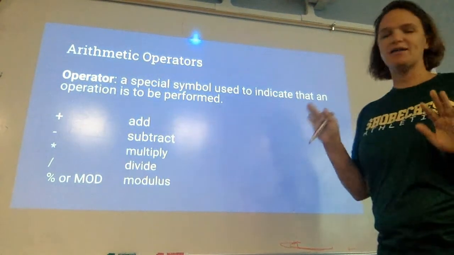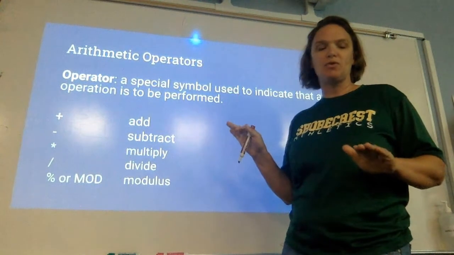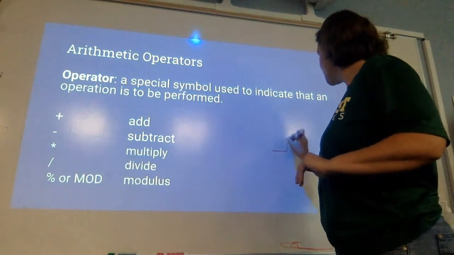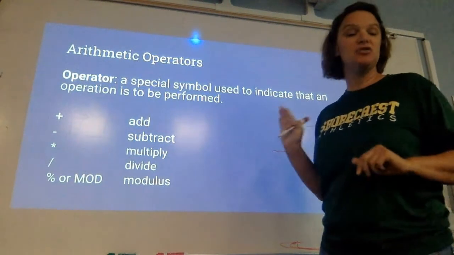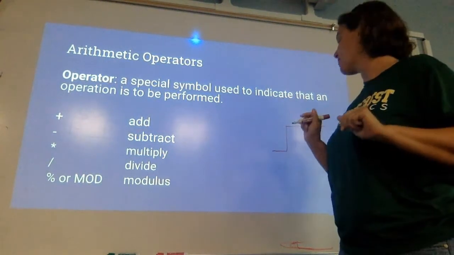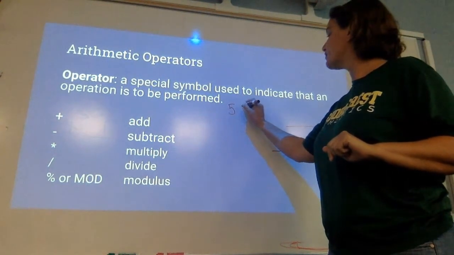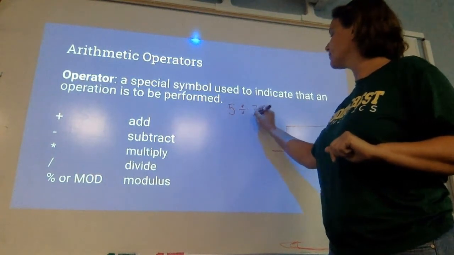So let's think back to elementary school or early middle school when you were learning division. We drew this shape to do division. So let's think about a problem. Maybe I had 5 divided by 3.